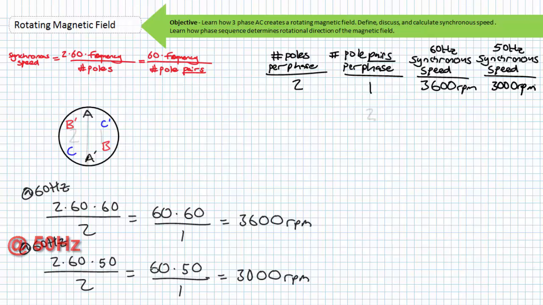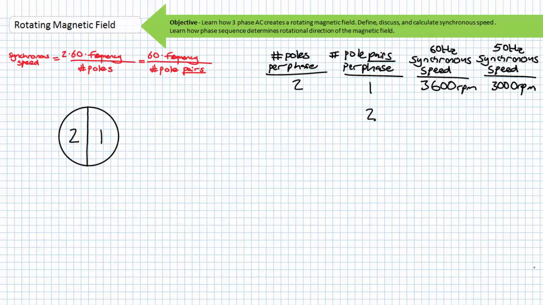If, however, there are 2 pole pairs per phase, each pole pair covers 180 degrees each. Each complete cycle of the AC waveform only brings the rotor halfway around, and that first pole pair simply hands off the rotor to the second pole pair once it's completed its angular portion of the rotation. It makes sense then that this would take twice as long as a single pole pair operated at the same frequency.